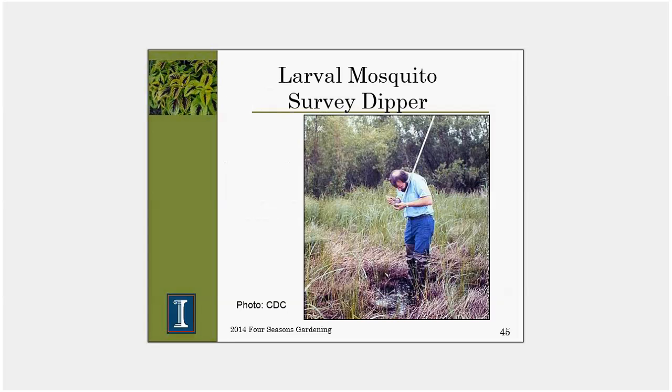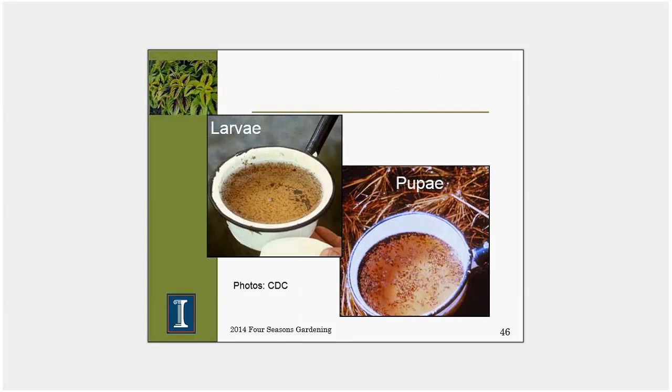And so we can go out there with these dippers, a little dipper on the end of a long pole, and you usually don't have to get into the water quite so much to get a sample of what's there. They will pick up larvae or pupae and can identify what kind of mosquitoes are there. They can analyze them for carrying West Nile virus, and so they can get an early warning system associated with this.